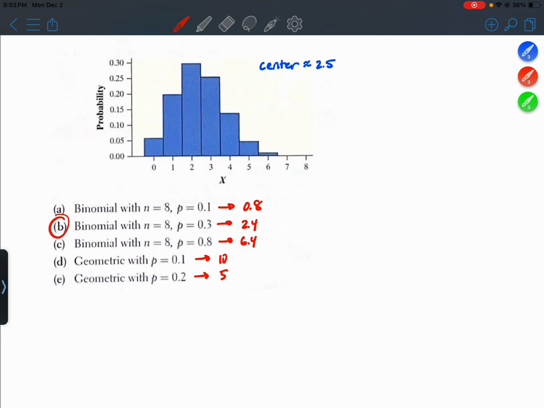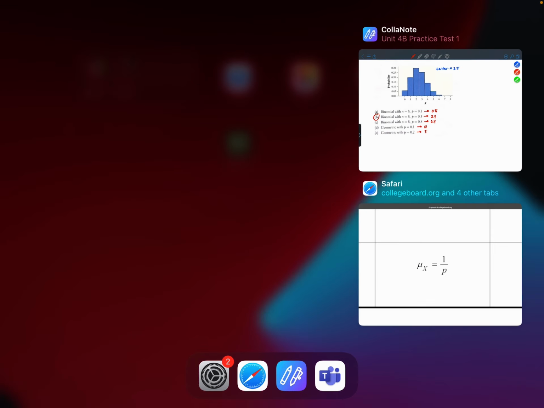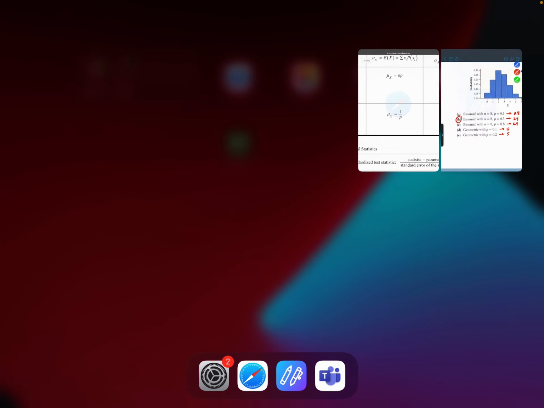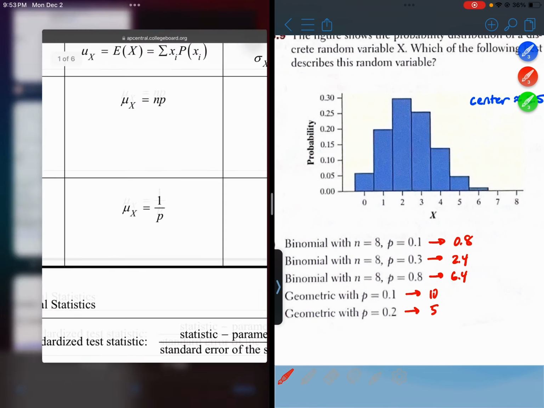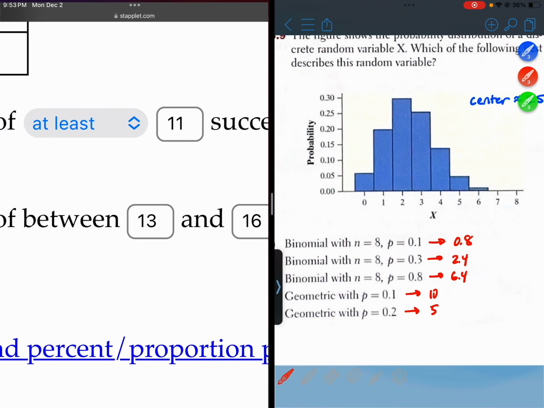Okay. All right. Now, because we've got the computer here, let's just go to Statlet and see what happens when we go to binomial with n equals 8 and p equals 0.3. Can we do this? Yes, we can. Oh, I just saw it right there.